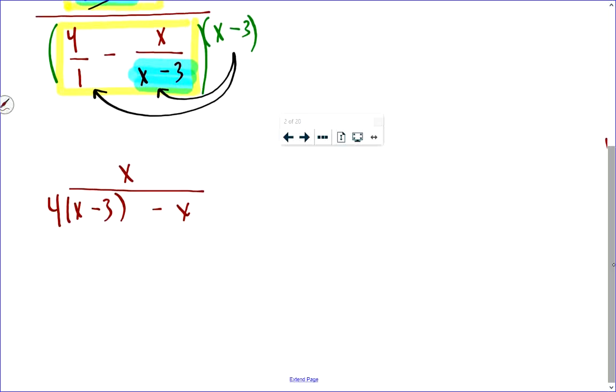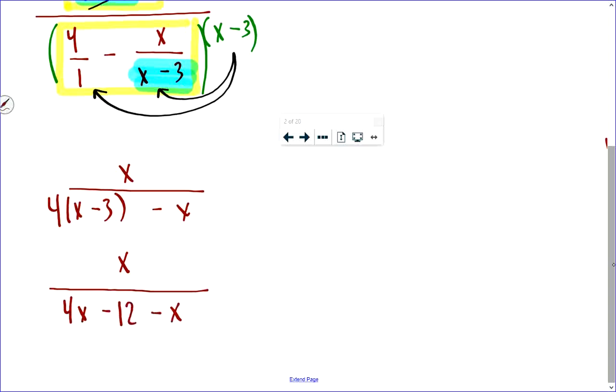So I get x in the numerator. And look at this. This rational expression is no longer complex. It's a single fraction. There's no fractions within it. I get x in the numerator over, I have to distribute that 4 by multiplying into the x minus 3, and then minus x.